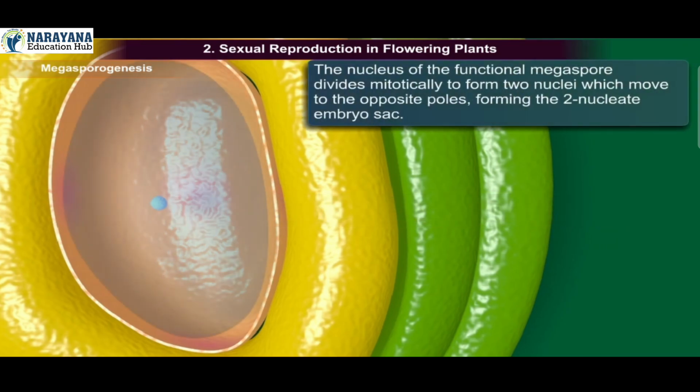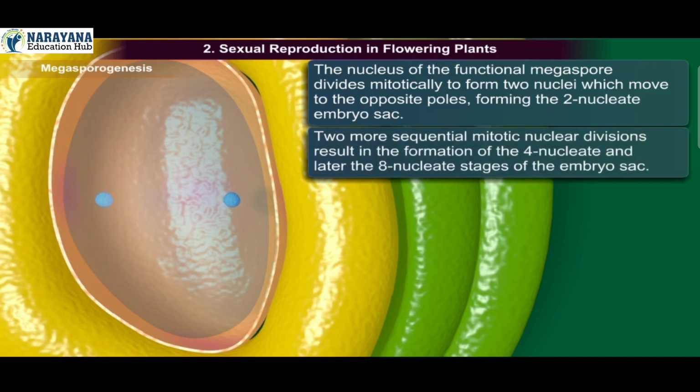The nucleus of the functional megaspore divides mitotically to form 2 nuclei which move to the opposite poles, forming the 2-nucleate embryo sac. 2 more sequential mitotic nuclear divisions result in the formation of the 4-nucleate and later the 8-nucleate stages of the embryo sac.